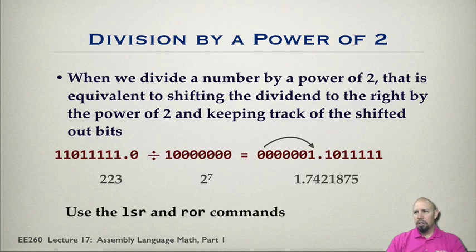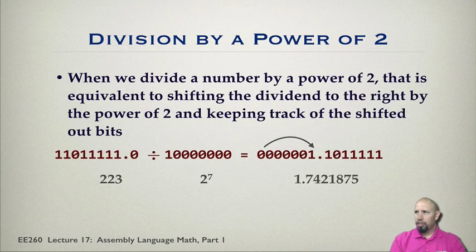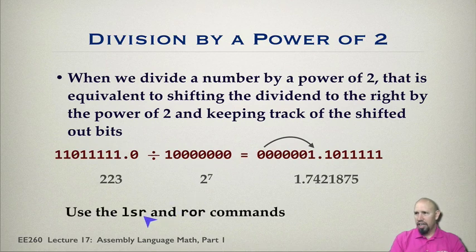And again, we would use the LSR and ROR commands. I'm sorry, we're doing shifting right. So we're going to use the LSR, not LSL, and ROR. So it's all going right.